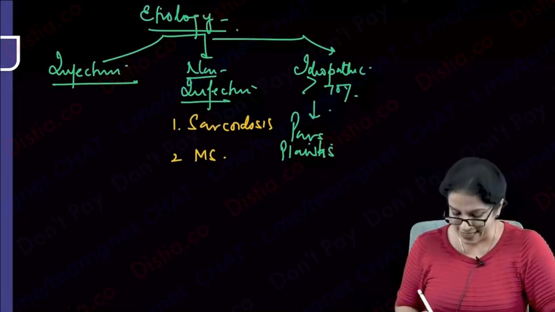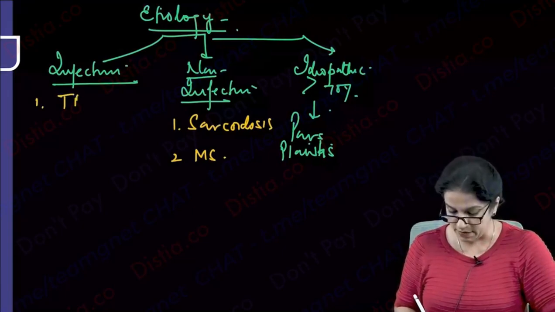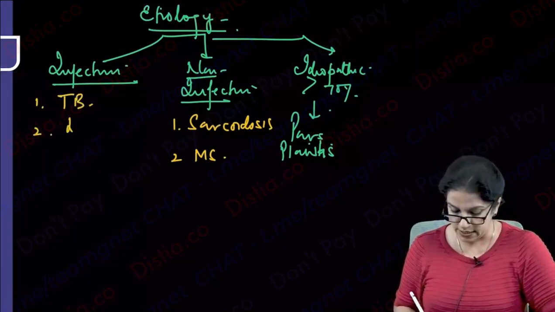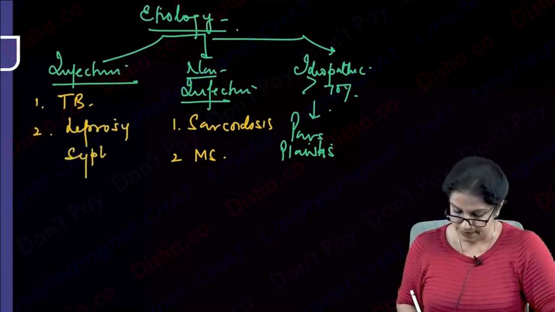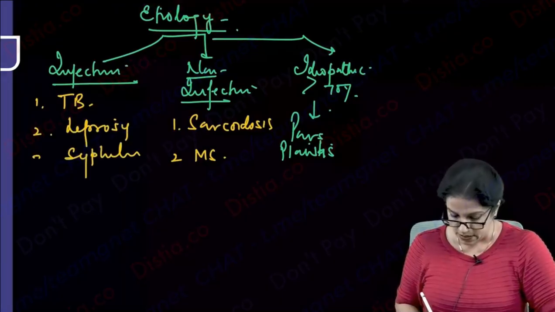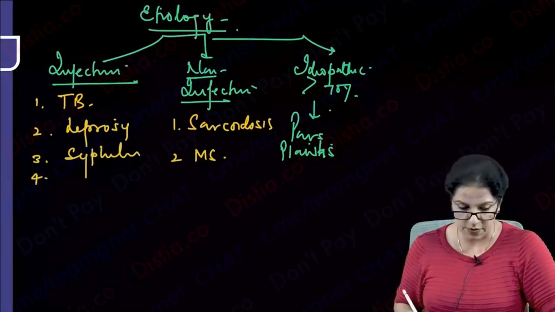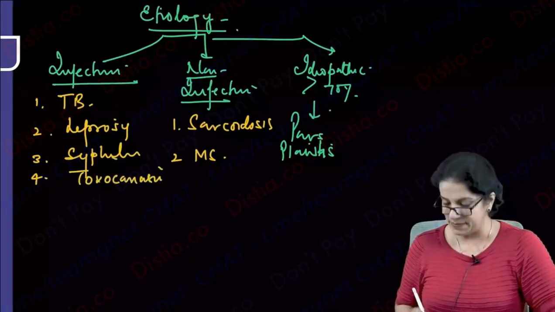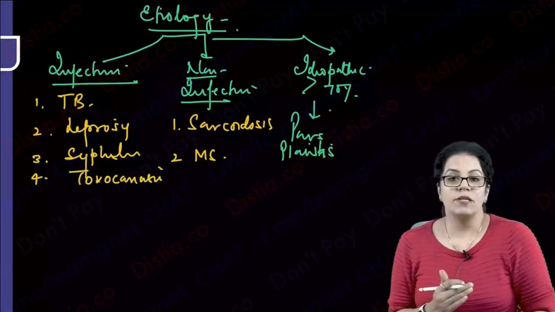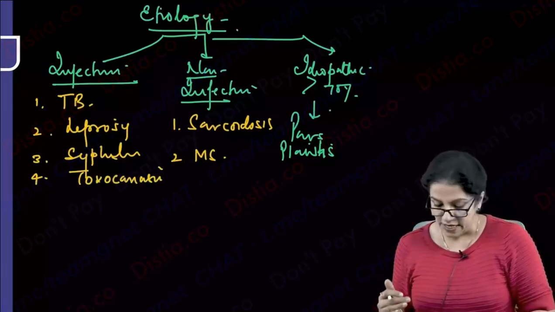Talking about infectious causes, the granulomatous inflammations like tuberculosis, leprosy, syphilis, and then of course also we are going to talk about toxocariasis. Right, so all these can be the causes of intermediate uveitis.